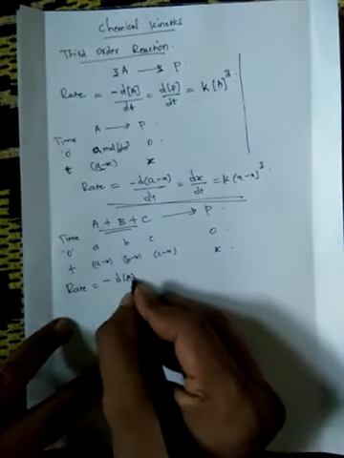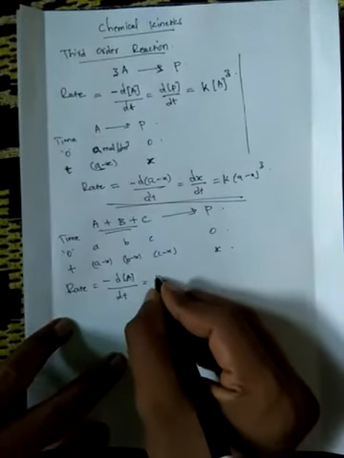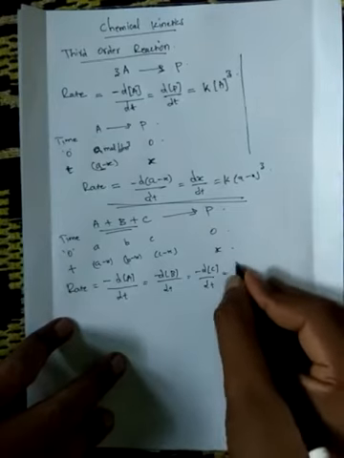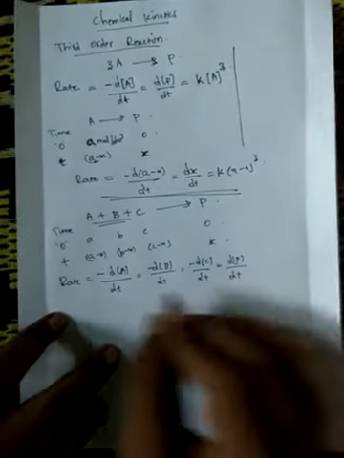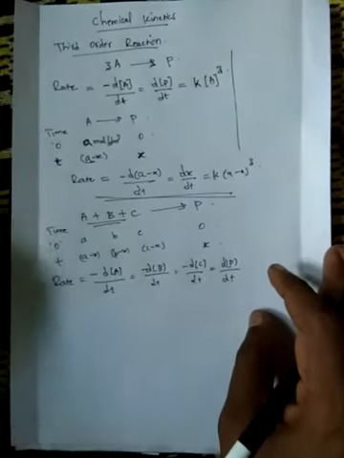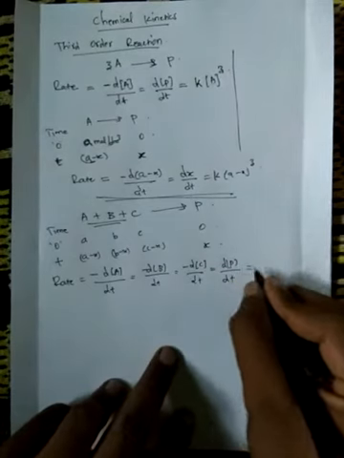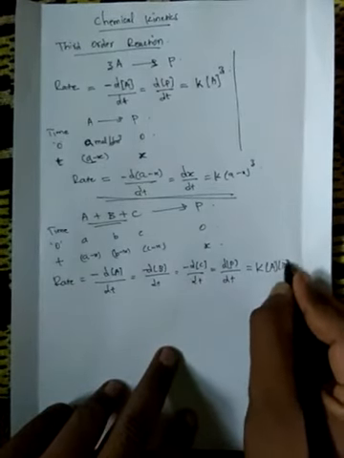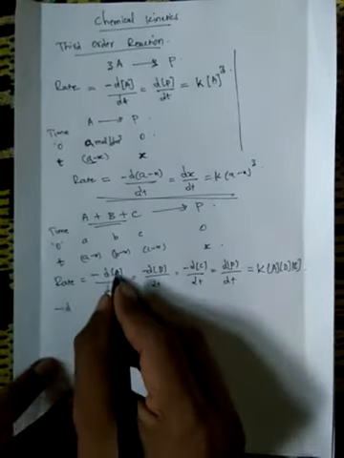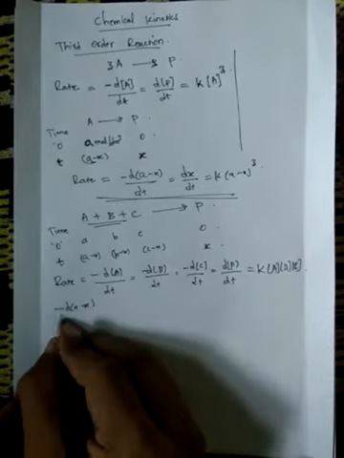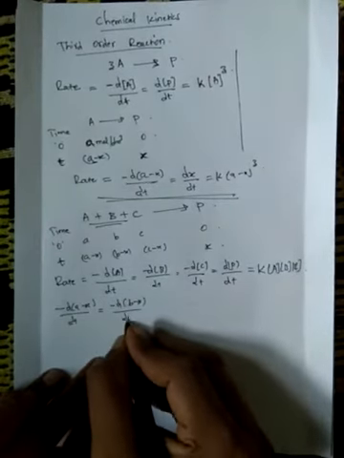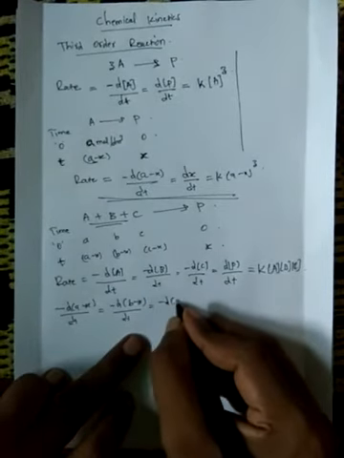So rate, usual expression, minus dA by dt, minus dB by dt, minus dC by dt, equal to dP by dt, which is plus, equal to K concentration of A, concentration of B, concentration of C. So at time t, concentration of A is A minus x, concentration of B is B minus x, concentration of C is C minus x.